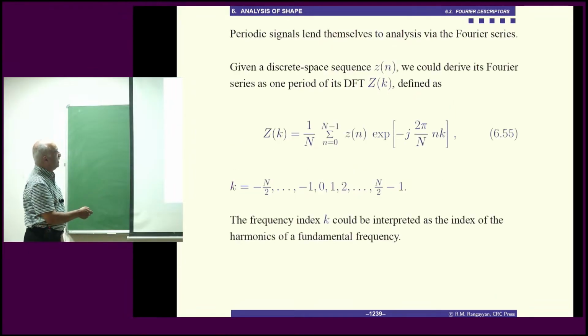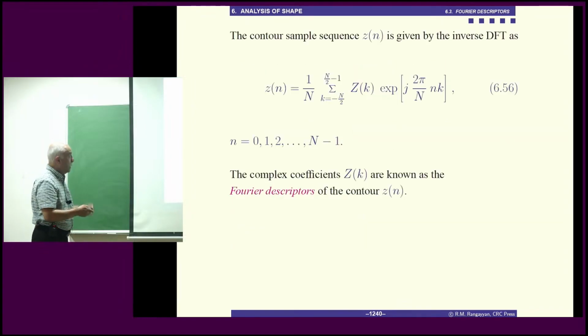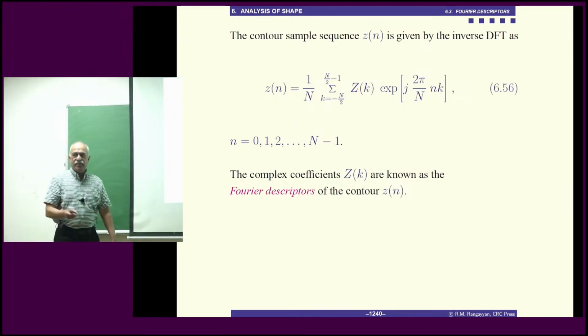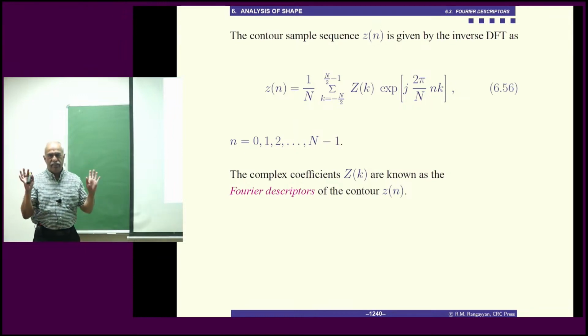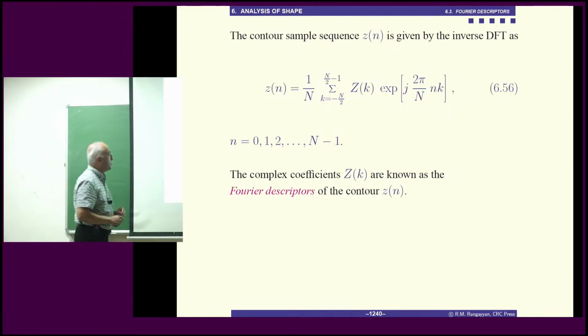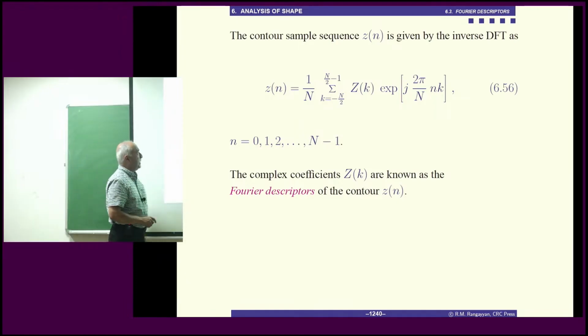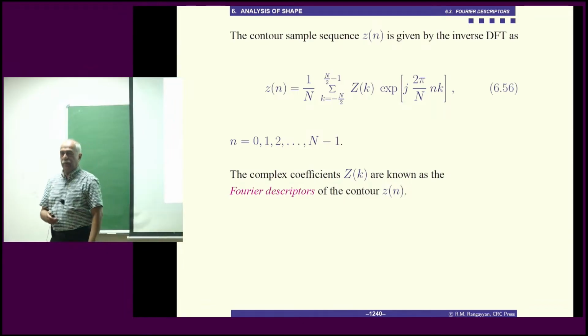So here we said 0 to n minus 1, going once around the contour, but k is indexed this way. And the inverse, so from the Fourier descriptors, you can go back. This is exponential plus j2 pi. So it's reversible. So just a DFT. The interpretation is different. The complex coefficients Zk are known as the Fourier descriptors of that contour.